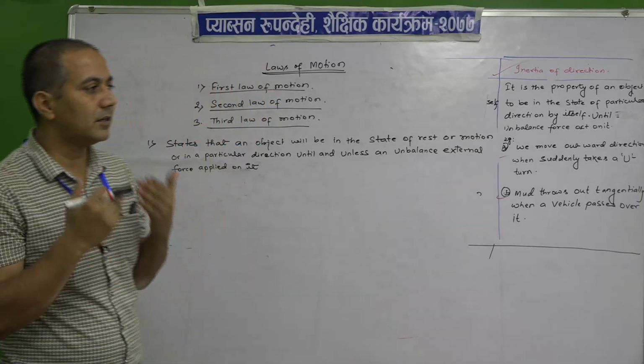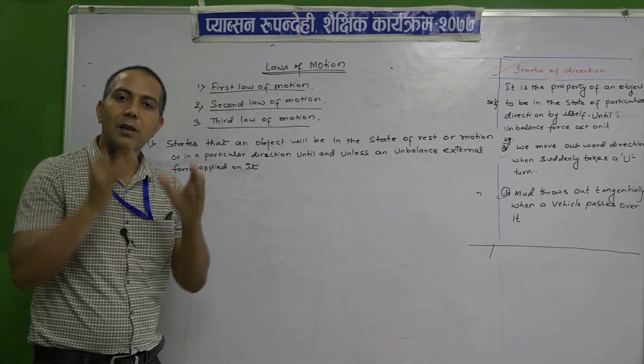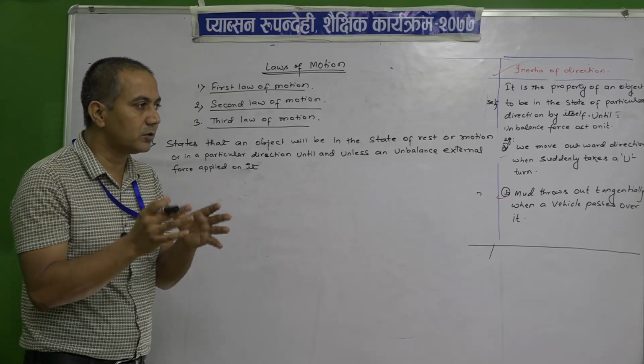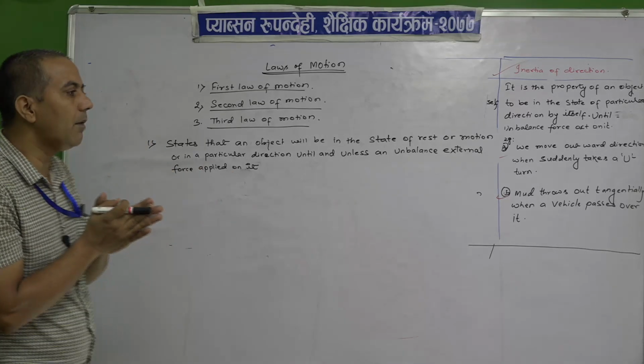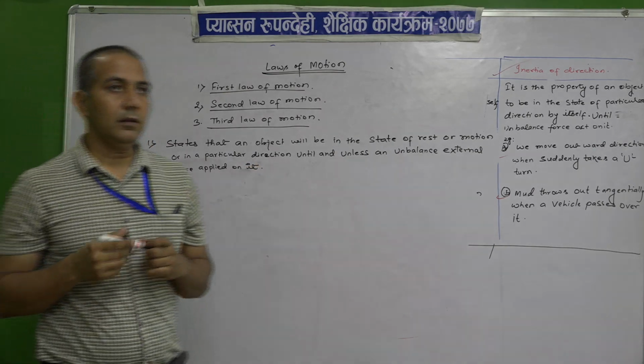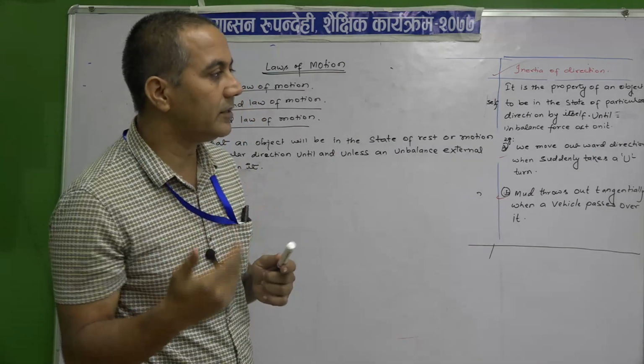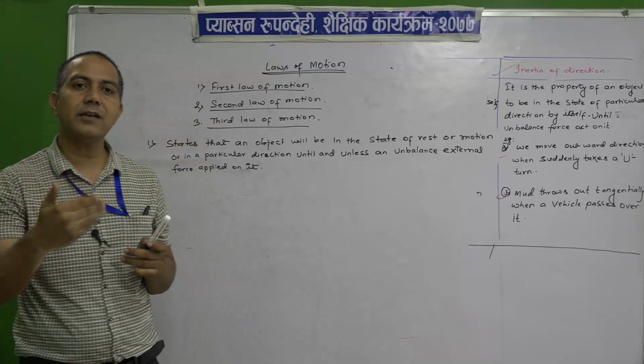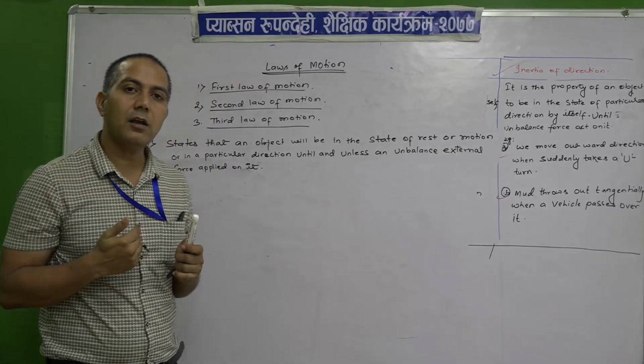Without an external force applied, the body will stay in the state of rest or motion. There are also some reasoning questions. Why does an athlete run before taking a long jump?